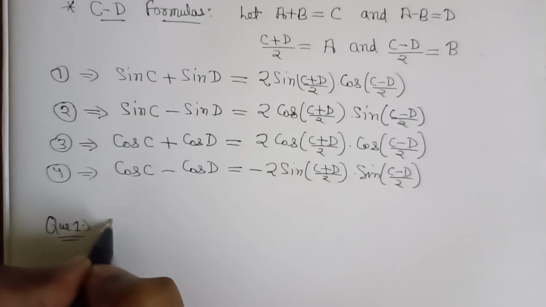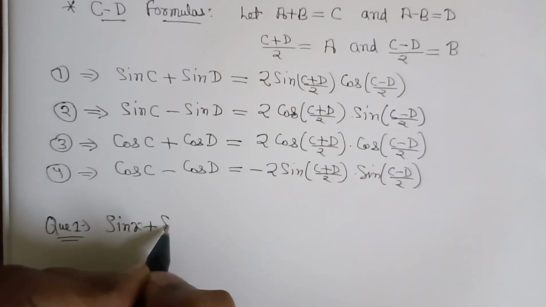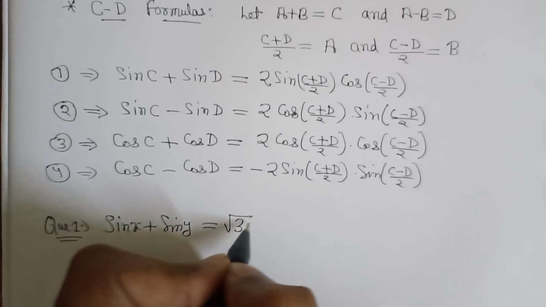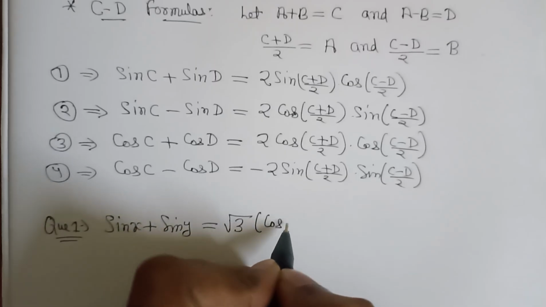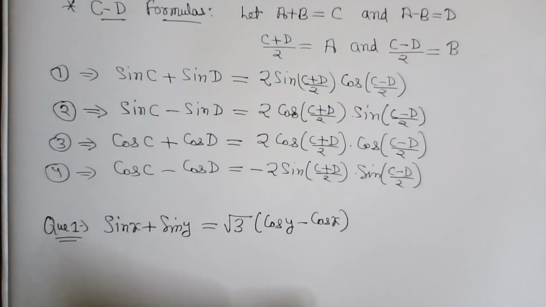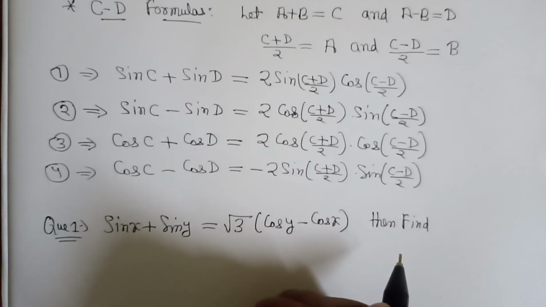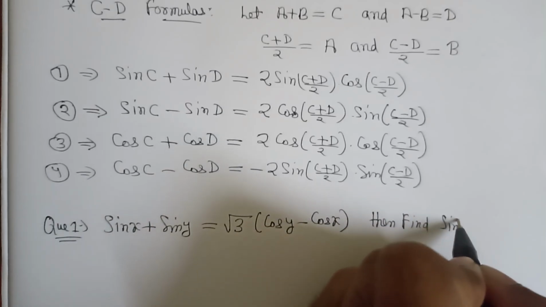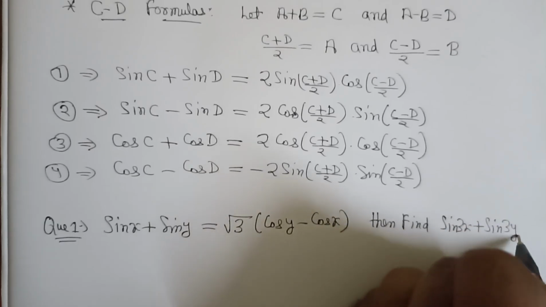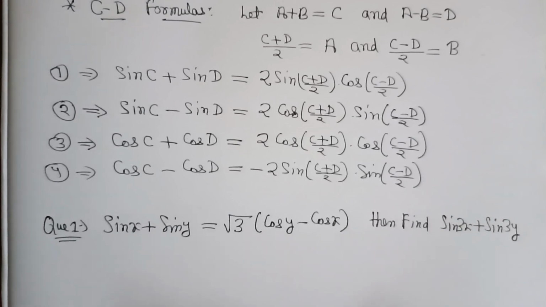What is the question? The question is sin x plus sin y is equal to square root 3 times cos y minus cos x, and you have to find sin 3x plus sin 3y.